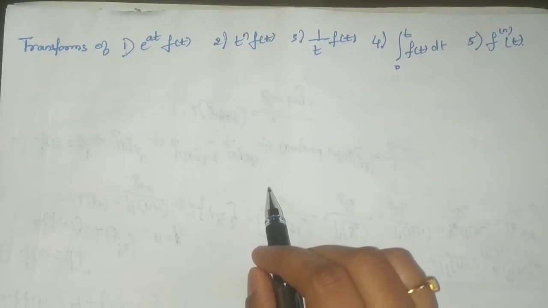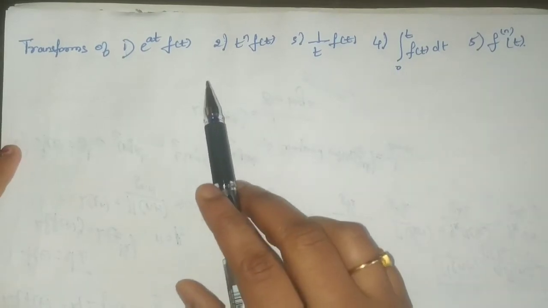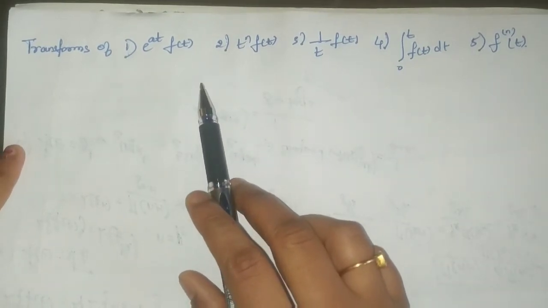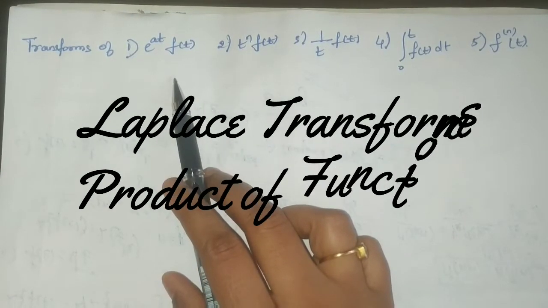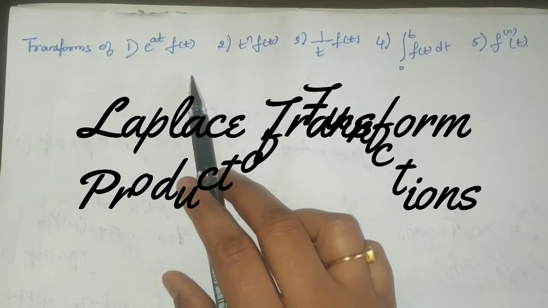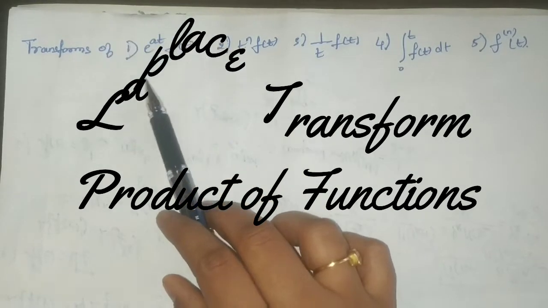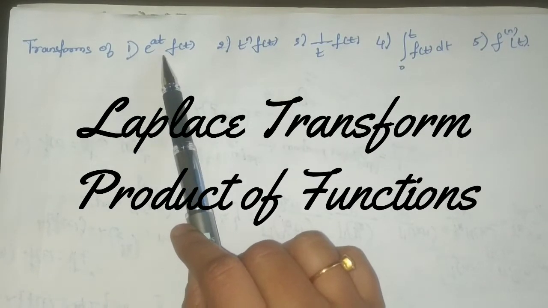Today it is a continuation of our Laplace transform. So till now we have seen a problem where one functions were given and we have its standard property, right? Now you can see the transformation had product of functions.